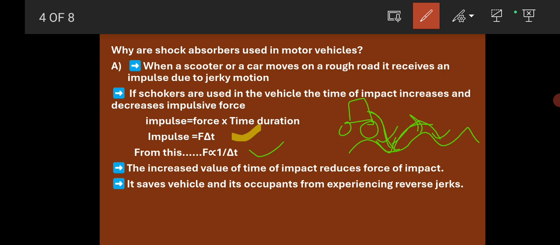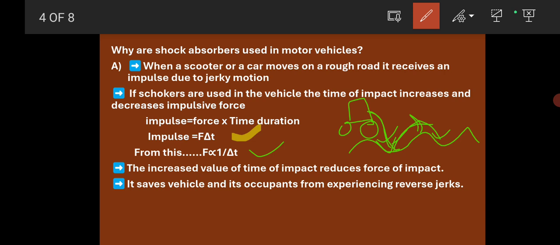So when a driver drives the vehicle, due to this force of impact, accidents like falling down may happen. Now if we can reduce this force of impact on the vehicle, and thereby on the person driving it, we will use shock absorbers.